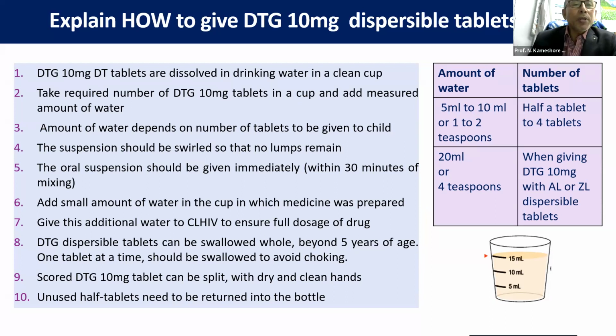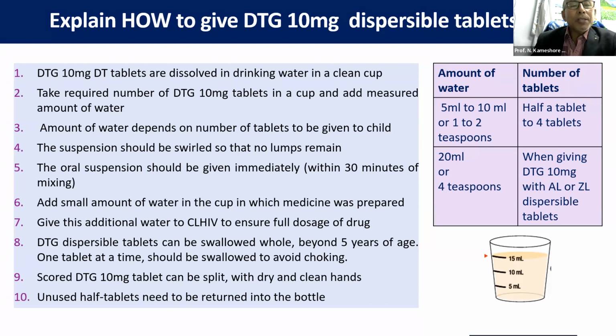The fifth point is that the oral suspension should be given immediately, preferably within 30 minutes of mixing. Step 6 is to add a small amount of water in the cup in which the medicine was prepared, just to give all the doses. And this is step 7, that additional water to the child living with HIV to ensure full doses of drugs.